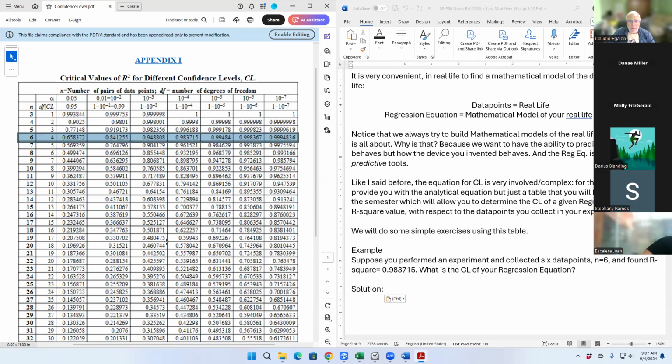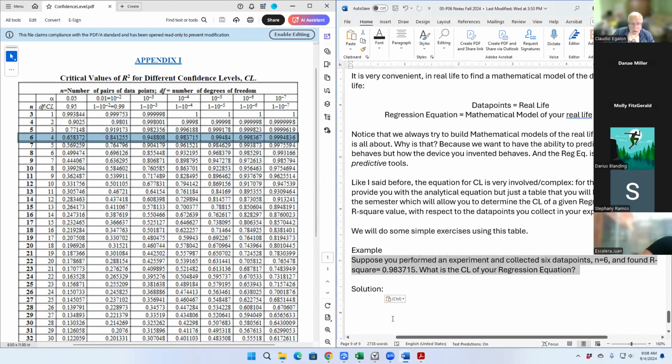And now what else do we have to do? You have to look for the R square in the body of this table. Those are what we call the critical values of R square, and we call them that for a reason, okay?